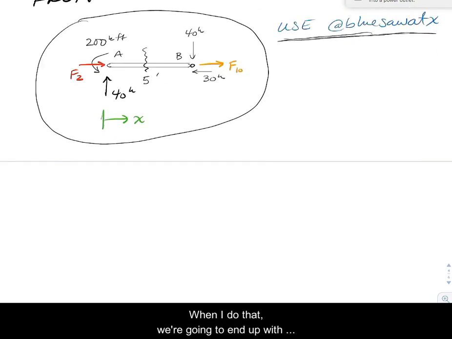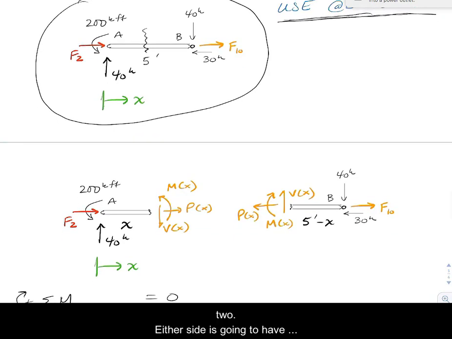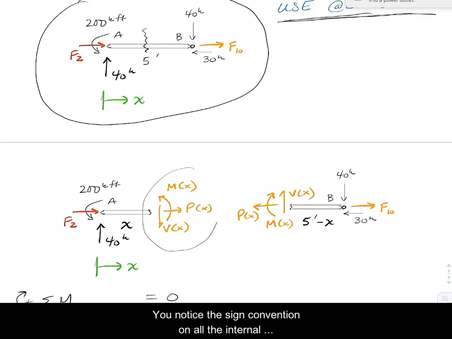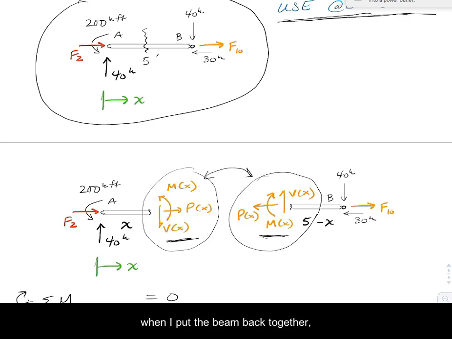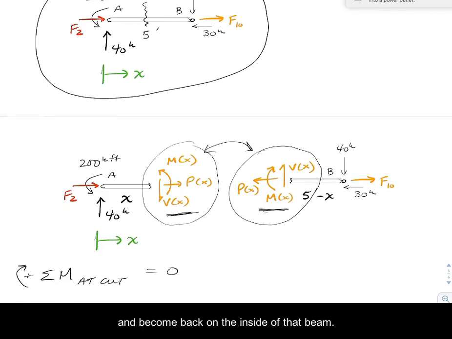And so when I do that, we're going to end up with 2. So either side is going to have, again, the same answers for the internal forces. And again, notice the sign convention on all the internal forces, and I've got equal and opposite here, such that when I put the beam back together, obviously all those forces cancel and become back on the inside of that beam.